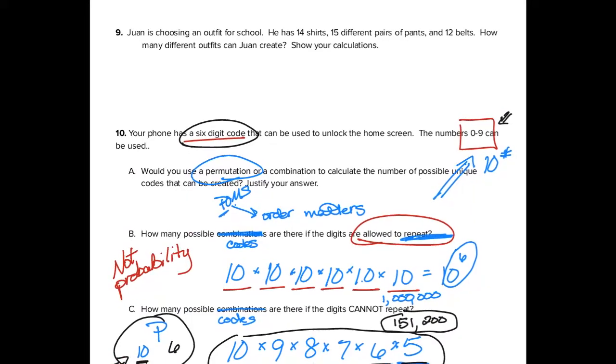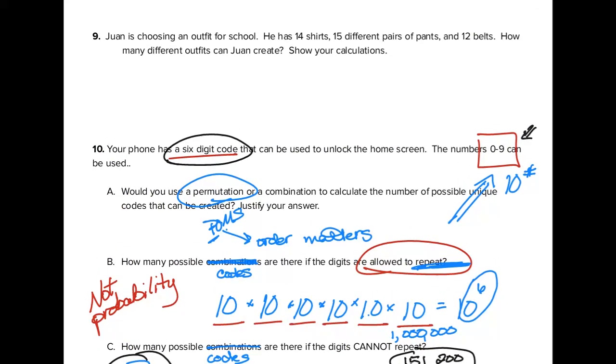So we can do this number 9. Juan is choosing an outfit for school. He has 14 shirts, 15 different pairs of pants, 12 belts. How many different outfits can we create? So this is the fundamental counting principle.